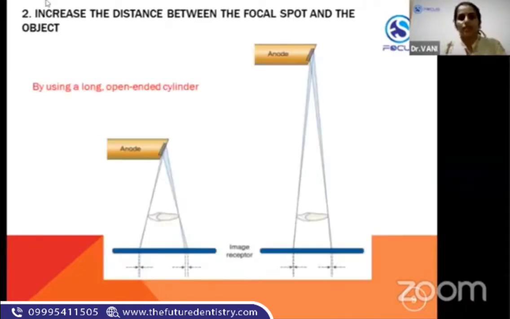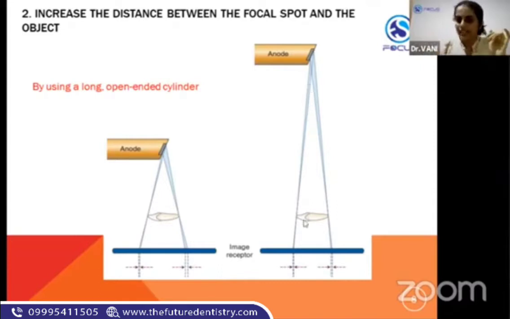See, the second principle was to increase the distance between the focal spot and the object. So you have to keep a long distance between the focal spot and the object. Why? See, X-rays have the property of divergence, right?